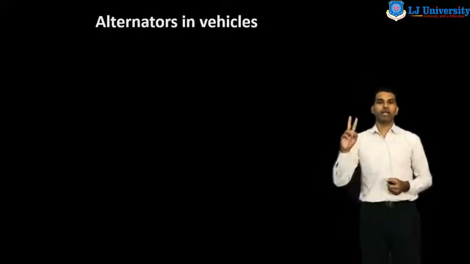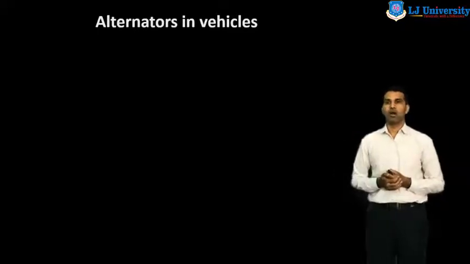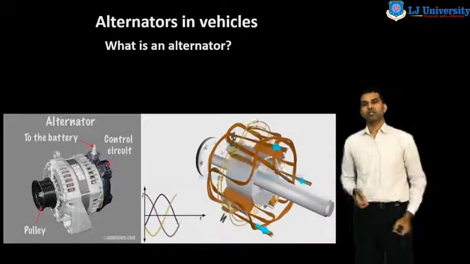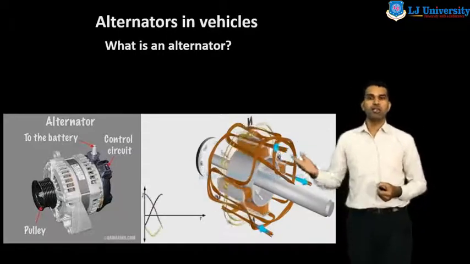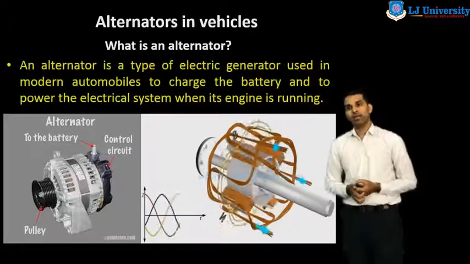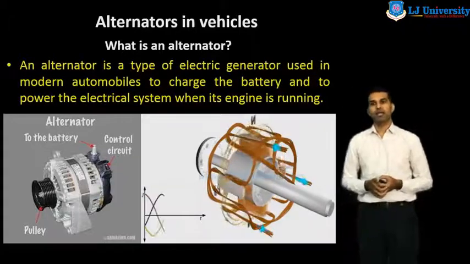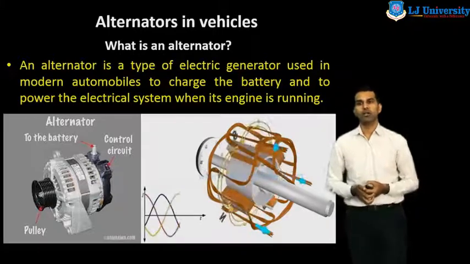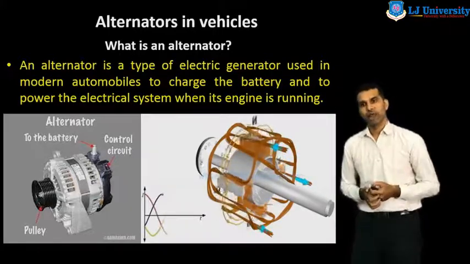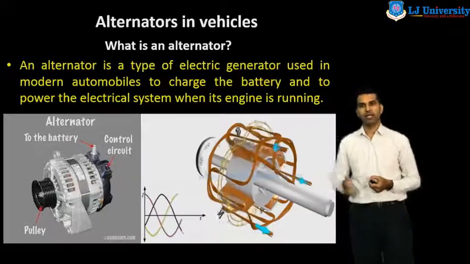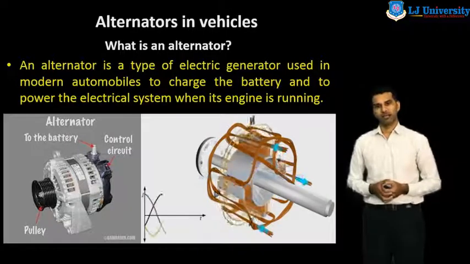Now we discuss the second topic, the alternator. The first question that comes to our mind is, what is an alternator? The alternator is a type of electric generator used in modern automobiles to charge the battery and to power the electrical system when the engine is running.